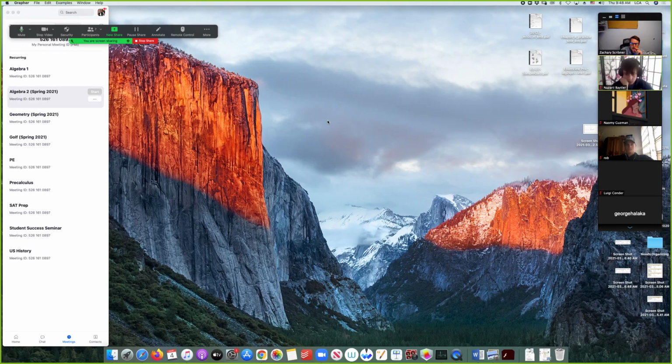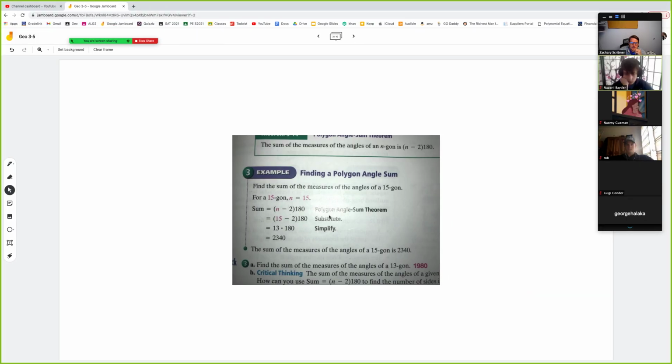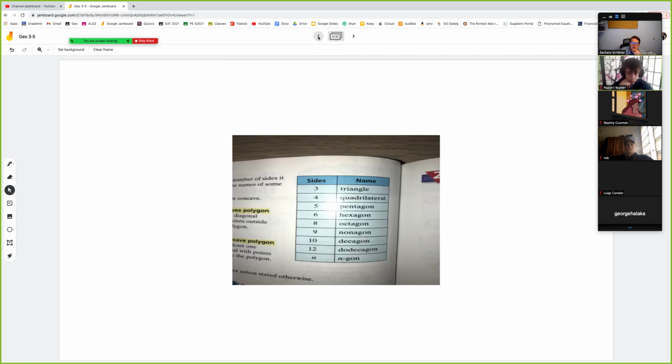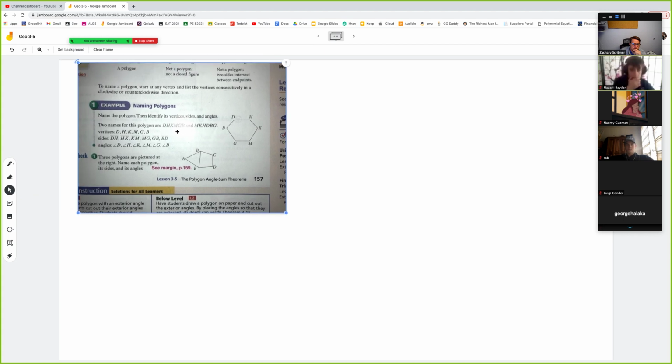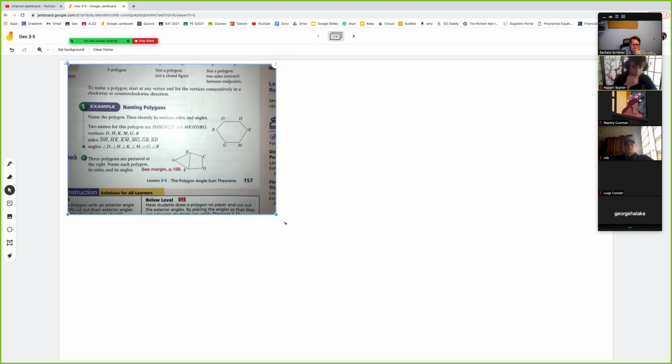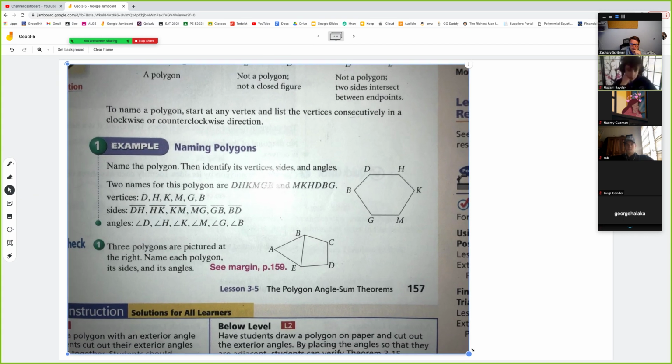Okay. All right. So jumping into section 3.5. We're talking about polygons, and the first piece is almost self-explanatory. As we have done up until this point, when you name a triangle or you name a line, you go in one direction.